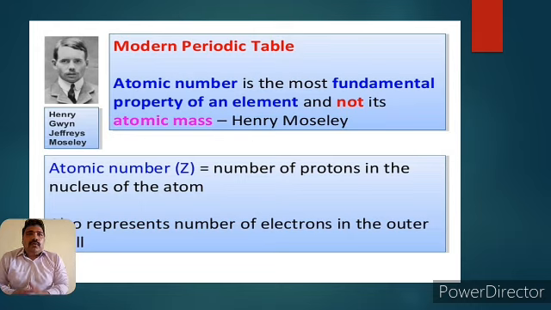We know that the atomic number describes the number of protons in the nucleus of an atom and also represents the number of electrons in the outer shell. So it is given the atomic number, which is represented by the letter Z.